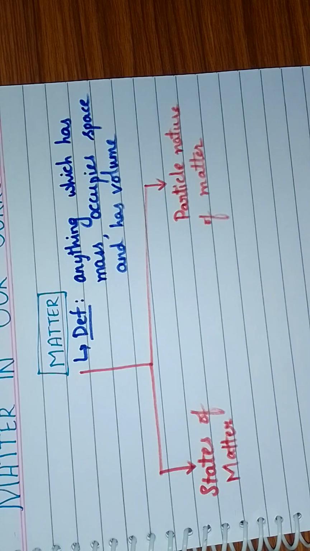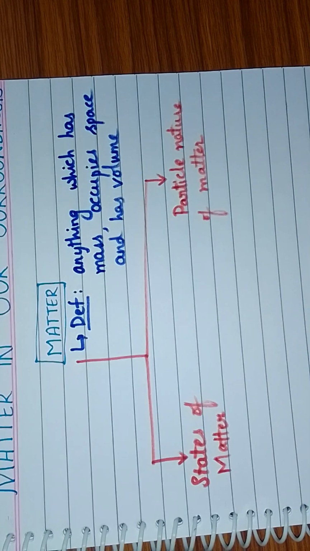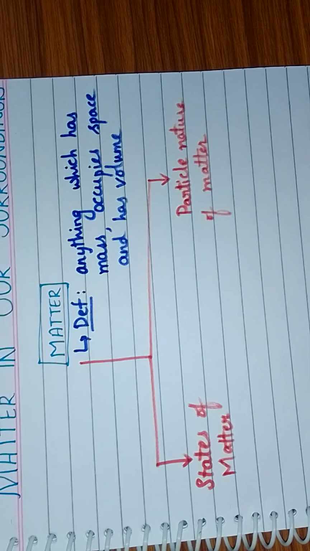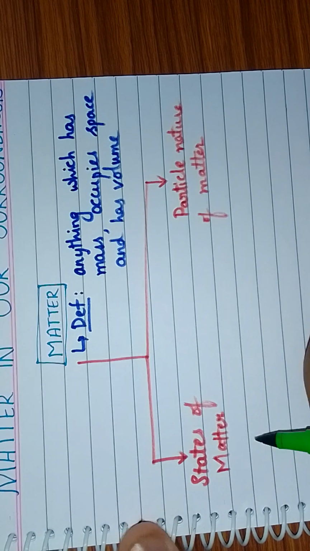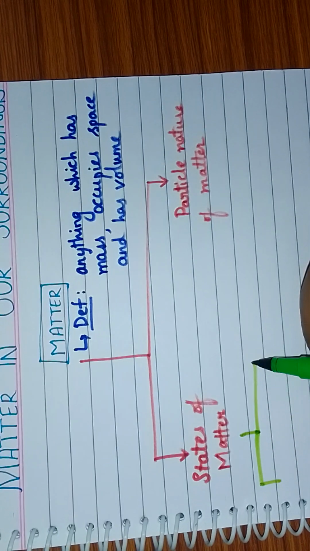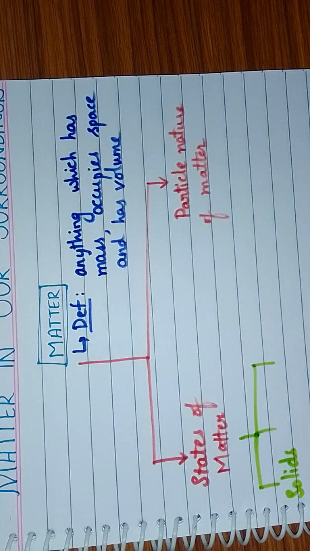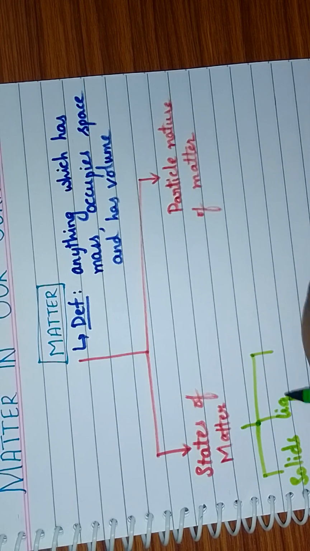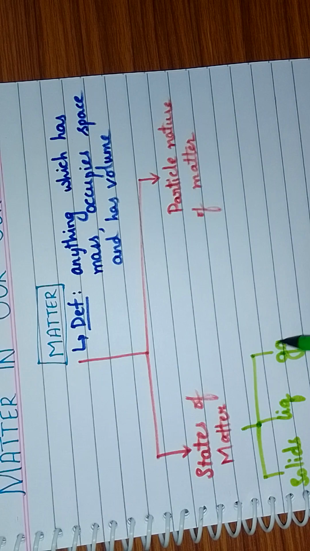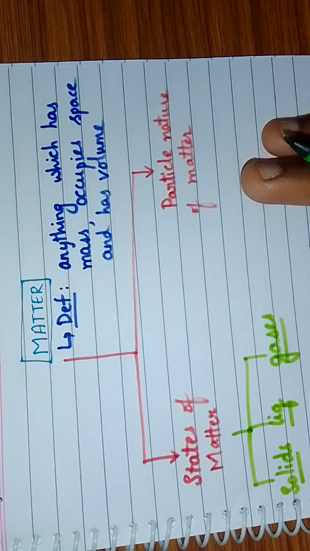In the states of matter, we have three categories. What are those? We have solids, liquids, and gases.